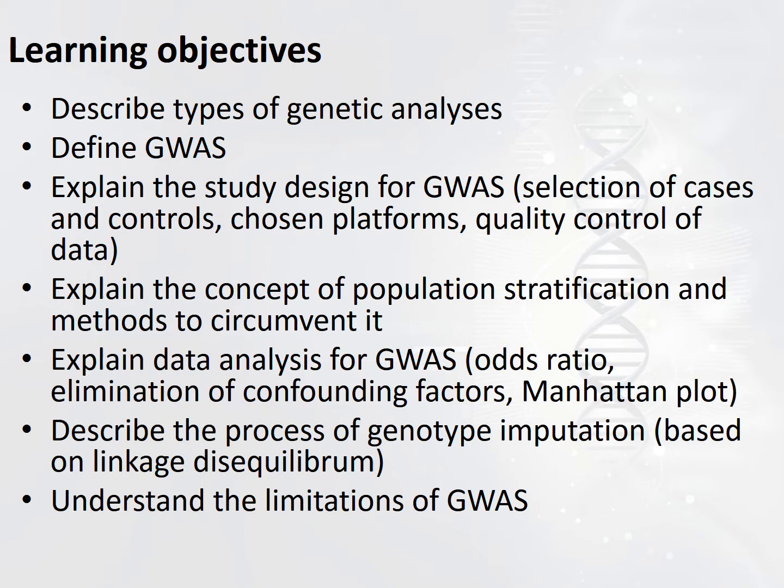Basically, we're talking about population stratifications and the different methods employed to circumvent it, how the data that is obtained from a GWAS is actually analyzed, and how additional SNPs are inferred based on haplotypes. Also, you need to understand a little bit about the limitations of GWAS.